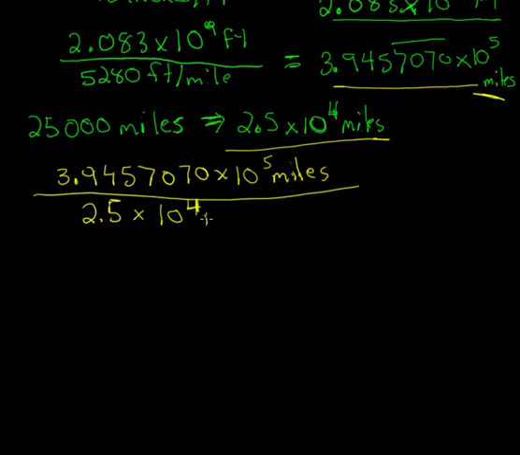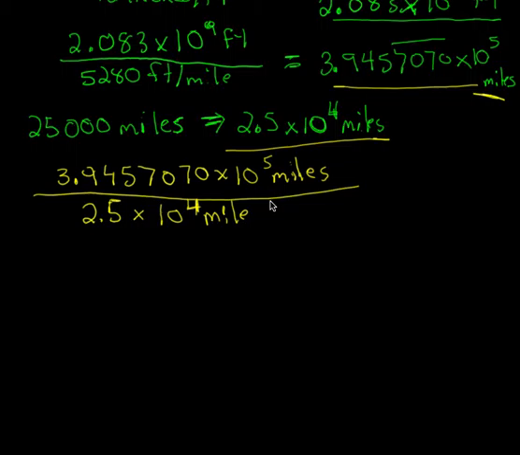Now, if you're nice, you have a calculator that lets you scroll up to previous answers and grab them, you can put them in. If not, you can just type in everything to about 5 decimal places. Should be good enough.